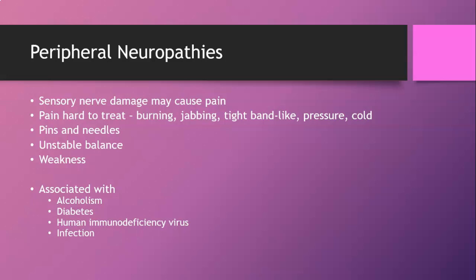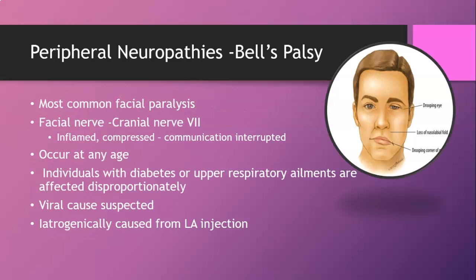So one type of peripheral neuropathy is Bell's palsy, and that's the most common facial paralysis. So the facial nerve or the cranial nerve 7 becomes inflamed and then compressed, and then communication is interrupted. And this can occur at any age, but it's most common between like 15 and before the age of 60.